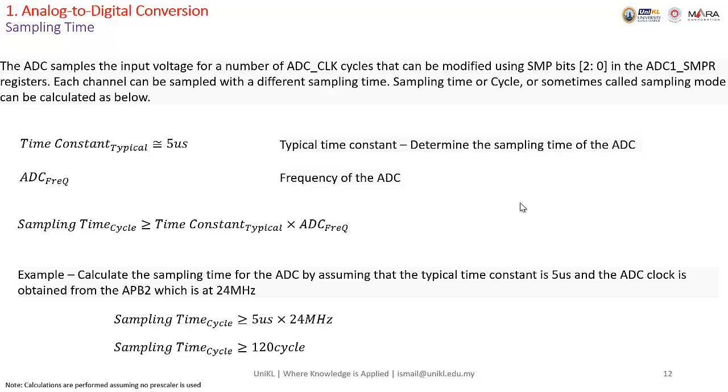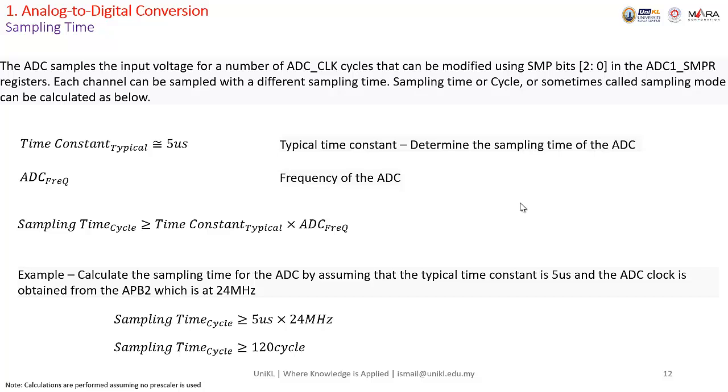Sampling time or cycle, or something called sampling mode, can be calculated as below. The typical time constant for the STM32 is 5 microseconds. And then the ADC frequency is the frequency of the ADC. So the sampling time cycle must be greater than or equal to the typical time constant multiplied by the ADC frequency.